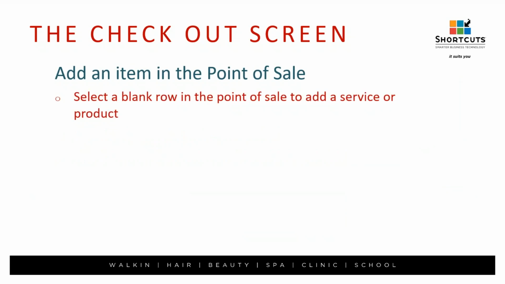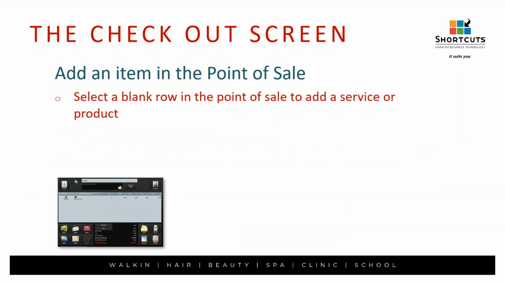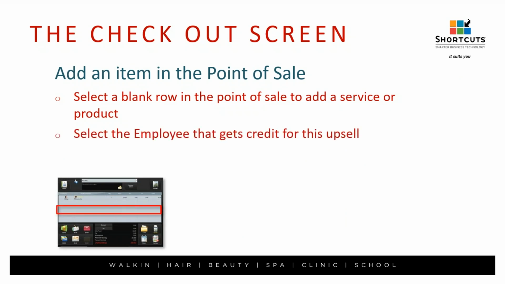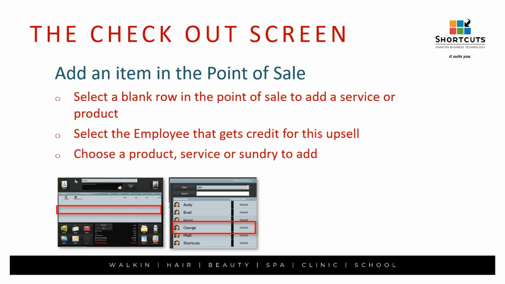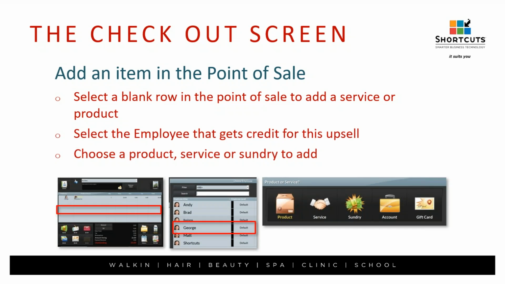So adding items into the point of sale. In the point of sale screen, you have a bunch of blank rows. As soon as you select a blank row, Shortcuts will ask you, who's the employee that should get credit for this upsell? Did the customer buy a product, a service, or a sundry?